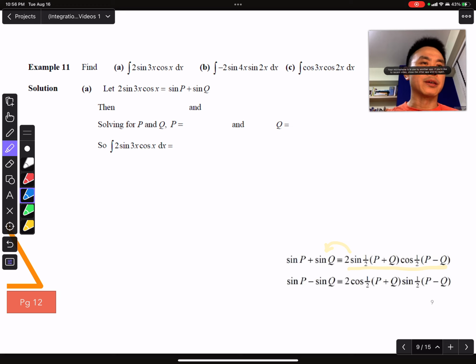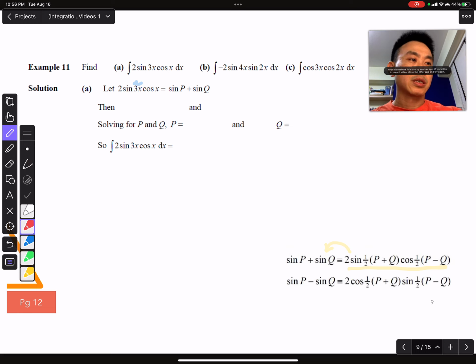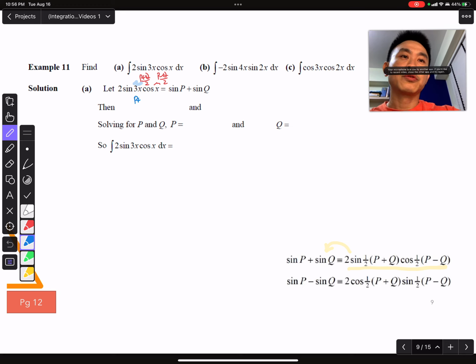If you look at the formula here, we let this be our P plus Q over 2 and x to be our P minus Q over 2. So we write it down here: P plus Q over 2 will be 3x, and P minus Q over 2 will be x.